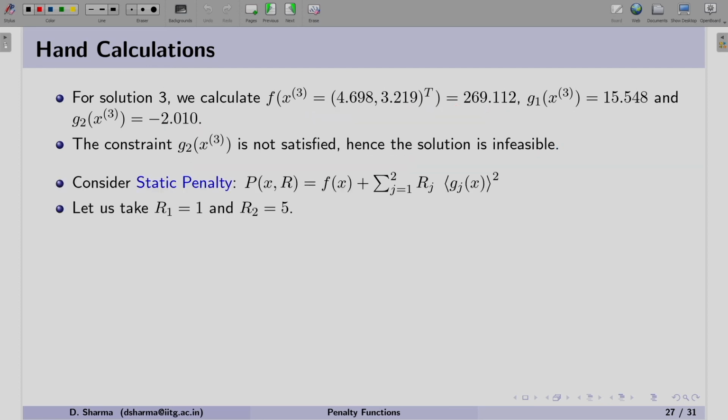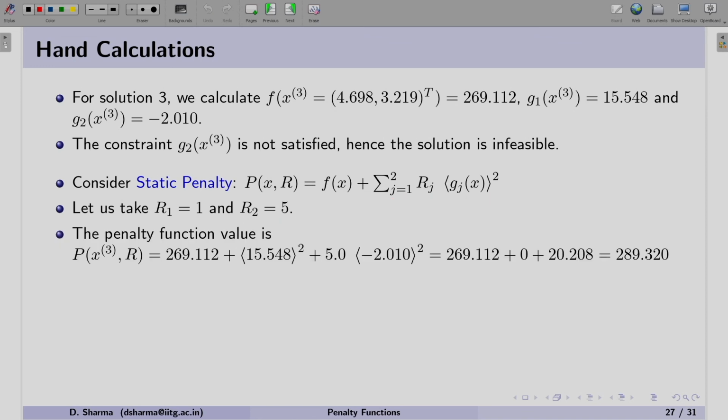Let us find out the static penalty now. The formulation is the same as we know. We are considering r1 equal to 1 and r2 equal to 5. By putting the value of x3 here, we have the objective function value and then we have bracket operators.